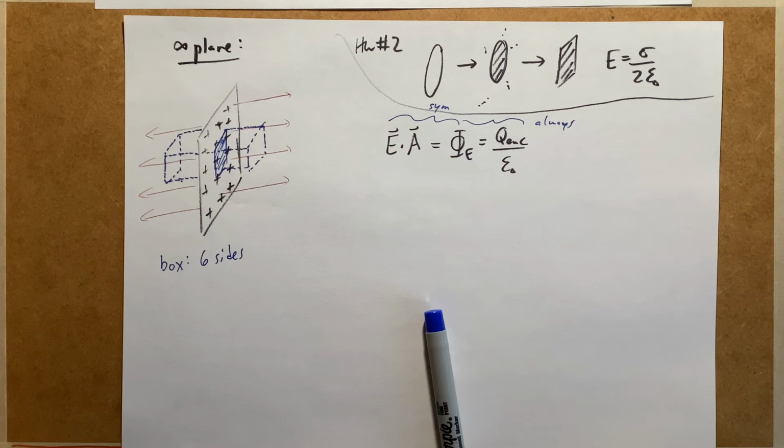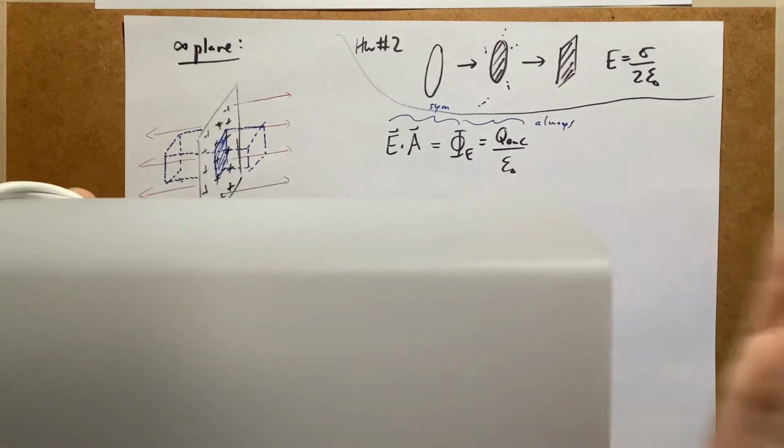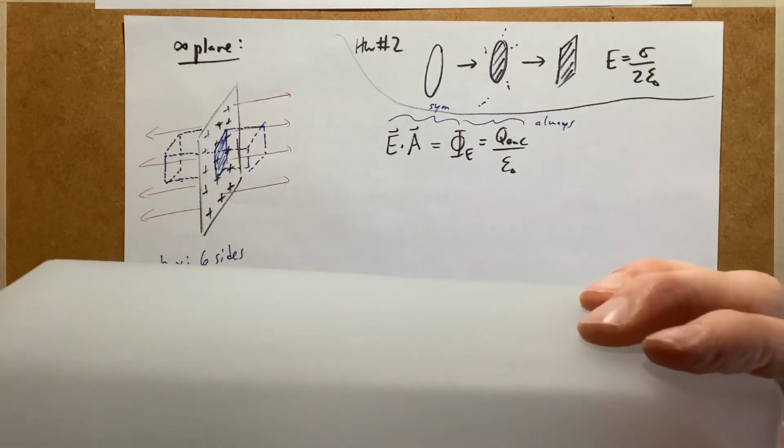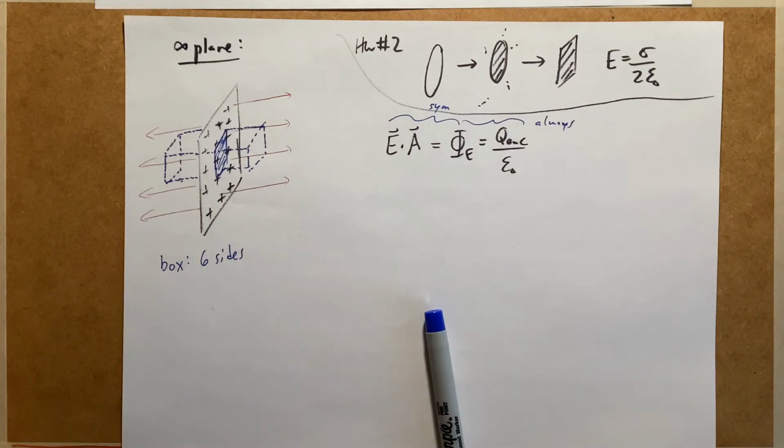That is literally the shape of any box. So it kind of looks like this: you have an end cap here, and then 1, 2, 3, 4 sides.